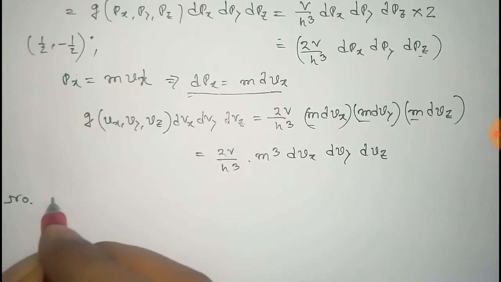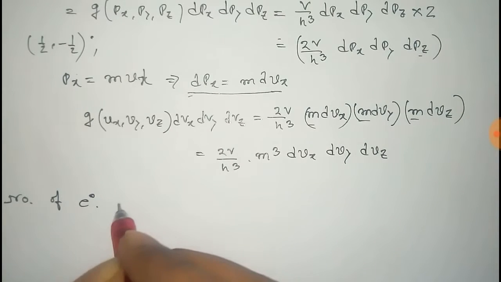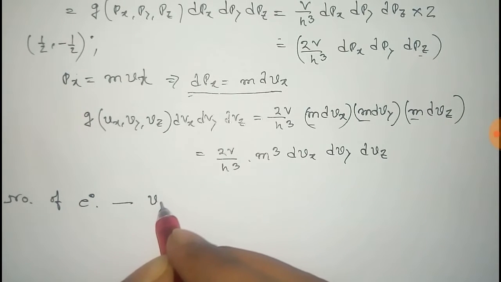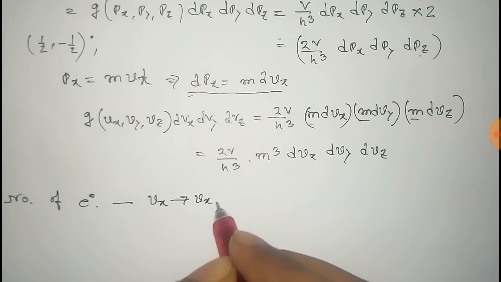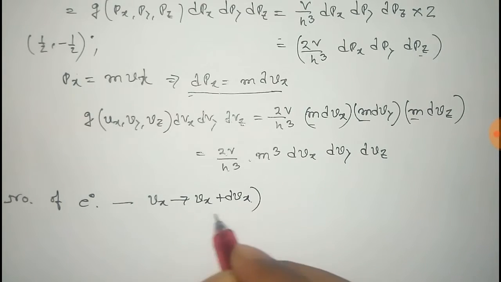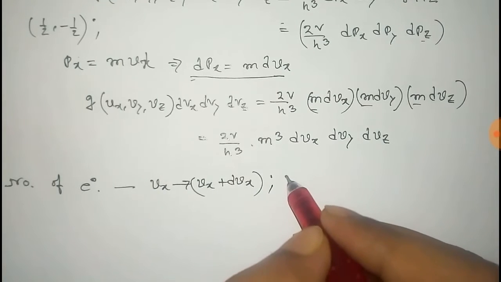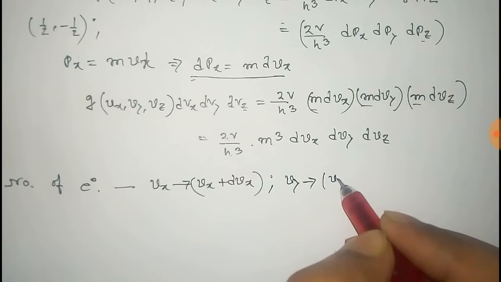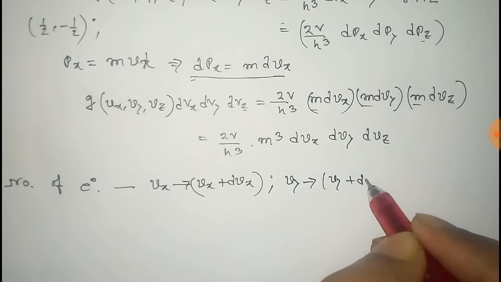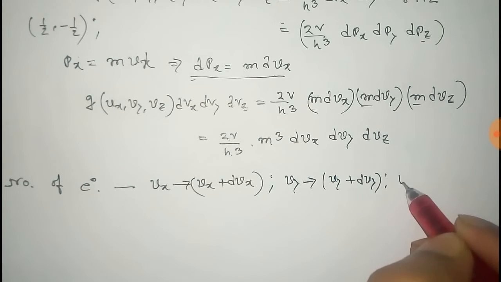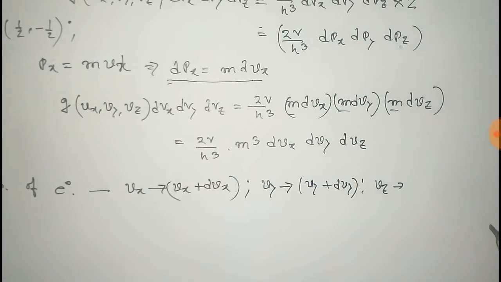Now the number of electrons within the velocity Vx to Vx plus dvx, velocity Vy to Vy plus dvy, and Vz to Vz plus dvz.